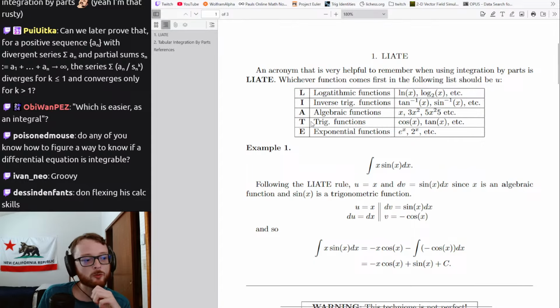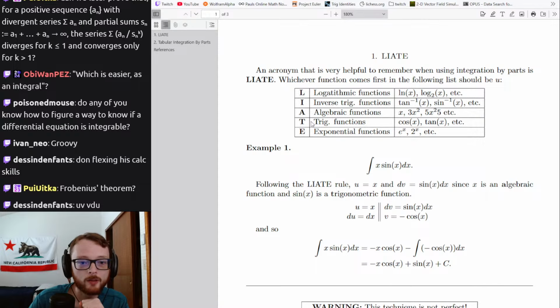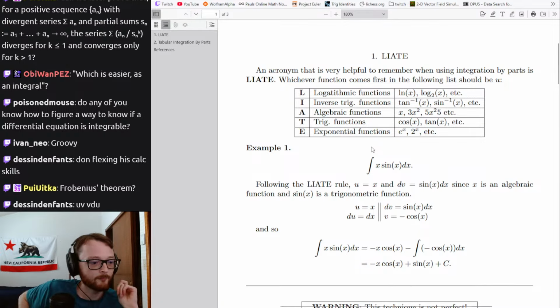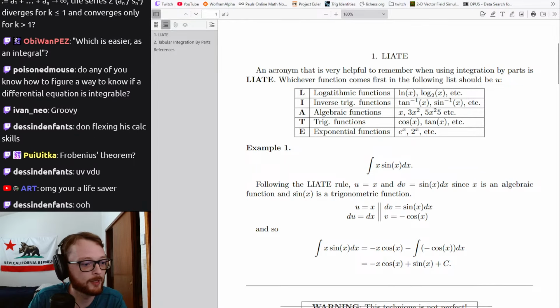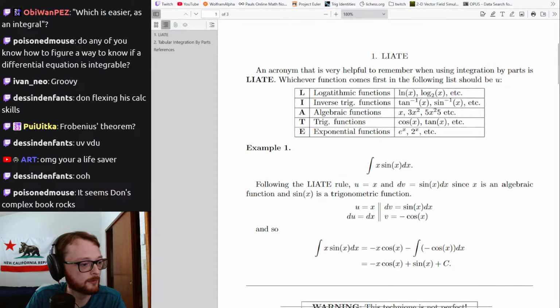If you have an integral that you think you need integration by parts for, you often want to take the derivative of the log. That's just a pattern that's good to know. After that, you want to do inverse trig. After that, algebraic functions, which are polynomials. Then trig, then exponentials. And so that's just a nice rule of thumb for how to choose what to take the derivative of.